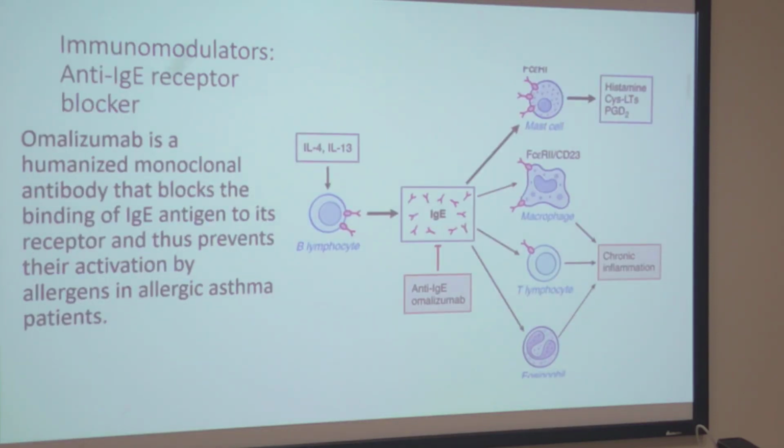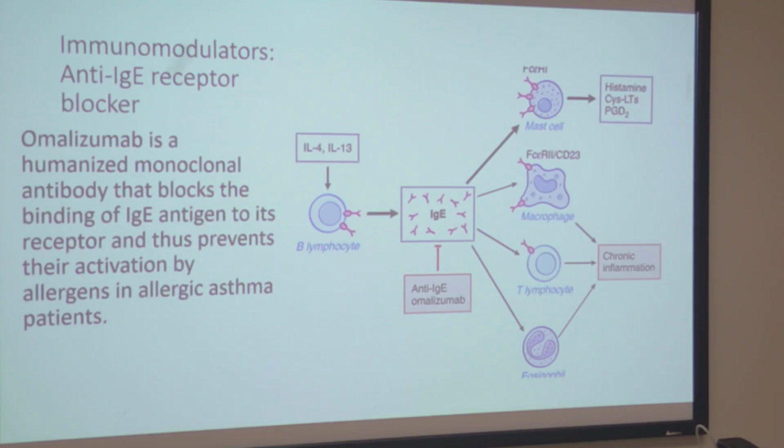Lastly, about the immunomodulators, these are anti-IgE receptor blockers. One of the examples is omalizumab. When you see any drug ending with MAB, that means it's an antibody, which is a protein.